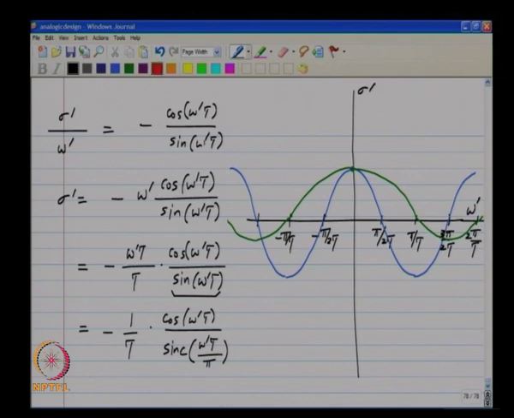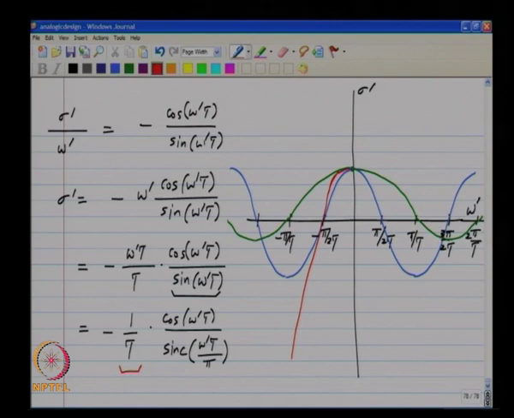If I plot the ratio of this, excluding the factor of 1 by tau, I will get something more than the cos, and it goes to 0 here, and here it goes off to minus infinity.